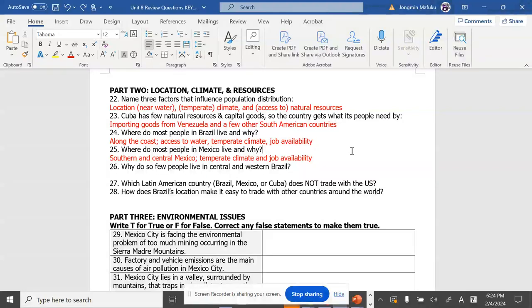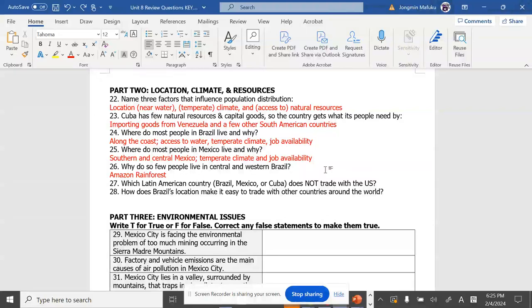Number 26, it talks about why do so few people live in central and western Brazil. The answer is kind of simple. If you think about it, in western and central Brazil, there's a thing called the Amazon rainforest. Yeah, it might be good for a job because you can cut down some trees and log, but you need to understand, you don't want to live in the forest.